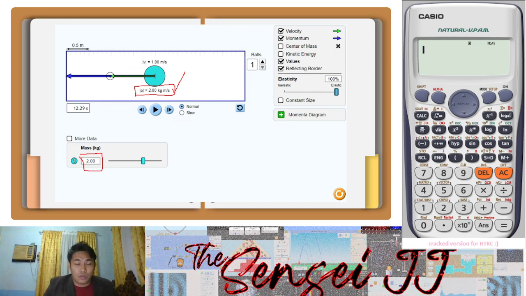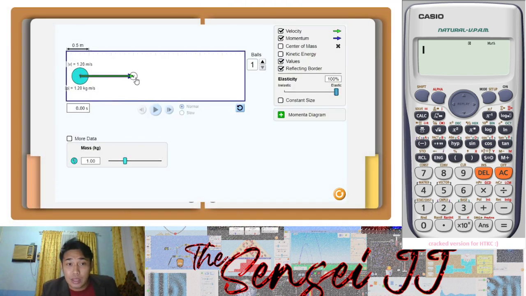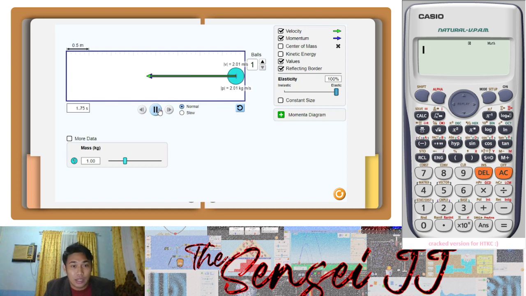momentum. So, sir, another question. If we increase the speed, what will be the momentum? So, guys, you can see here that the momentum is also increasing since we increase our velocity, even though we retain the mass, the momentum is also greater.